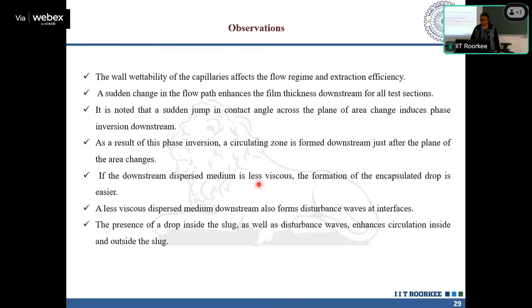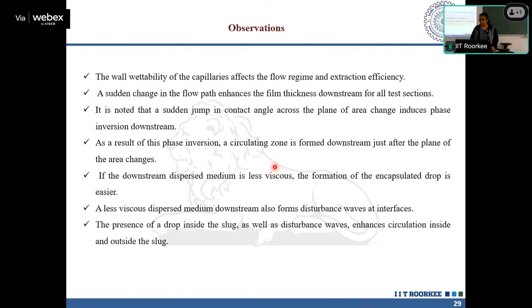Two things we have done. One is the phase inversion. Second is the circulation zone that we have observed due to this phase inversion. This circulation zone is not there when we don't have this kind of phase inversion.